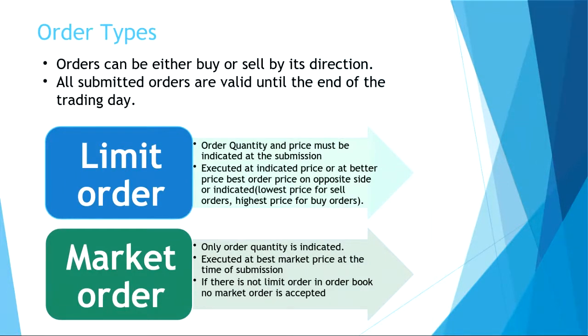All submitted limit orders, of course limit orders, not the market orders, are valid until the end of the trading day. Okay, there's a question: are the price and the quantity indicated by possible stockholders as a request? Of course, the stockholders, I mean the investors, not the company.